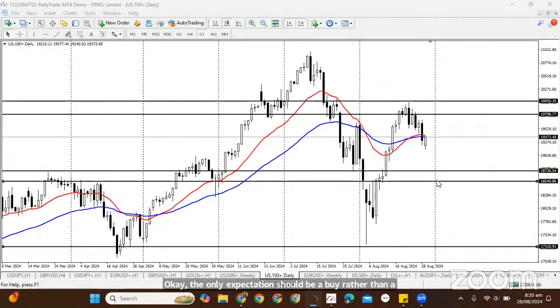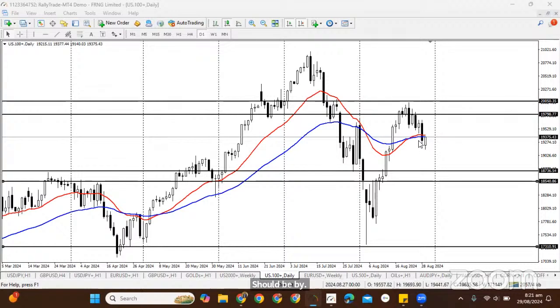There was one time I had a client that was just selling US 100, and it got to a point whereby US 100 was looking for a new level of high, and it was a disaster. Just like I used to tell them in class, there are some instruments you don't look out to sell. Expectation should only be a buy.